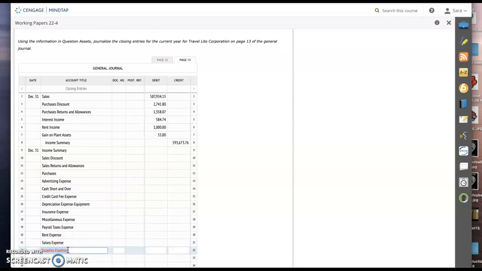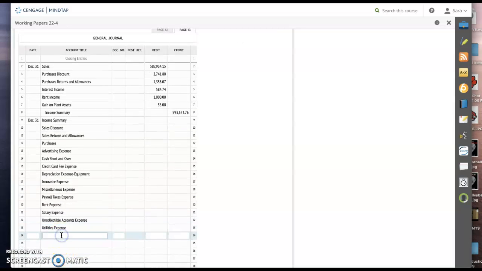Next is uncollectible accounts expense, utilities expense, federal income tax expense, interest expense, loss on plant assets.